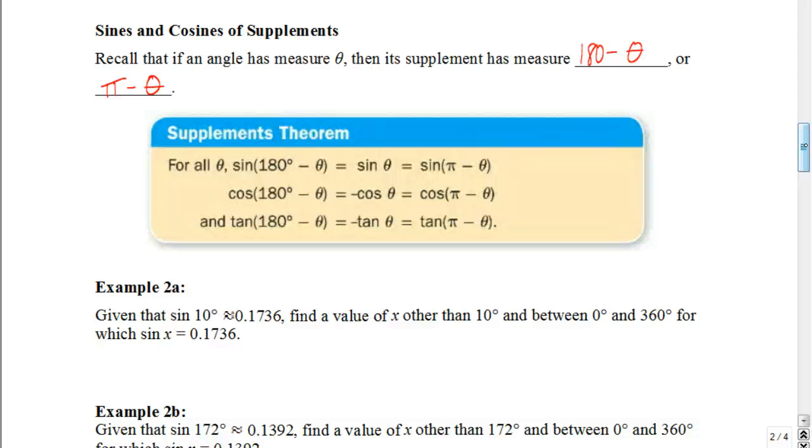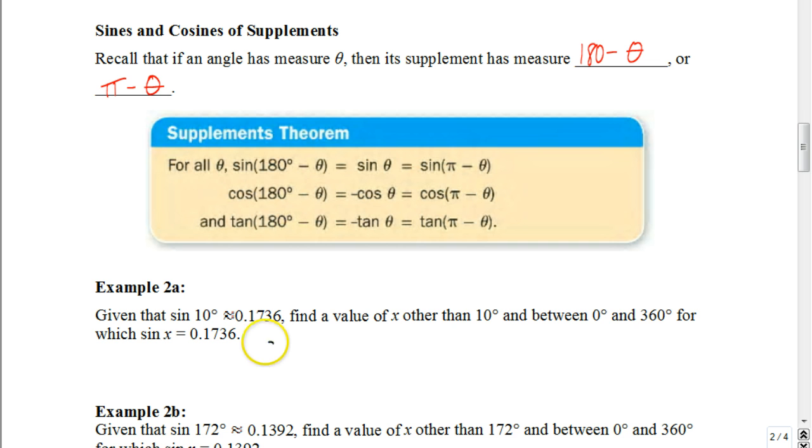So let's look at this example so you can see how we would use the supplements theorem. So here we're given that the sine of 10 degrees is 0.1736. We want to find a value of x other than 10 degrees between 0 and 360, for which the sine of x also equals 0.1736. Well, we can use the supplements theorem to find another angle.